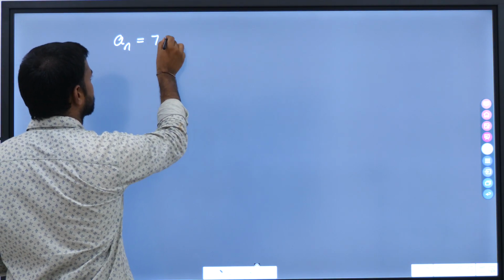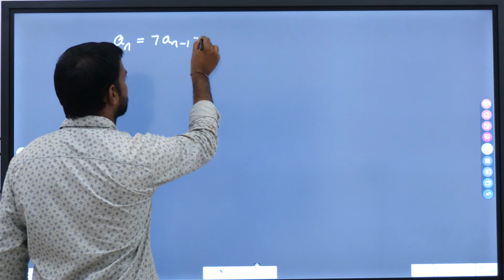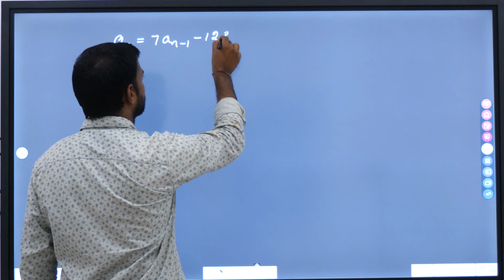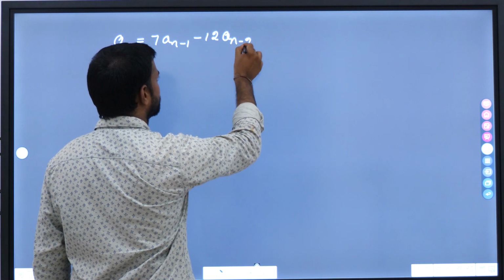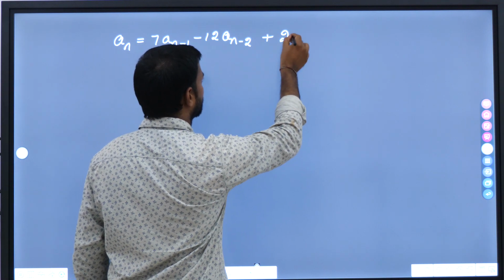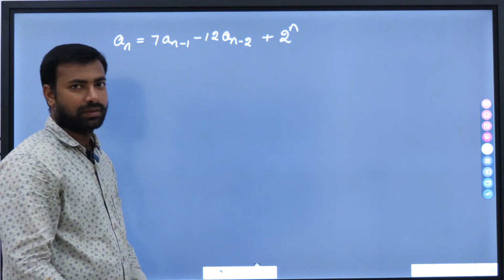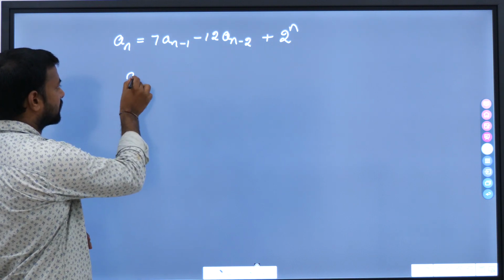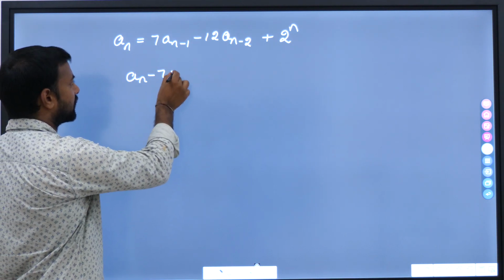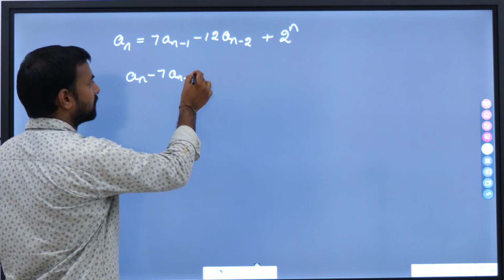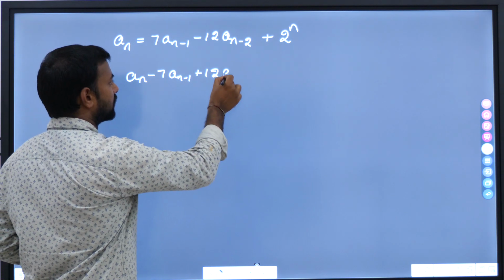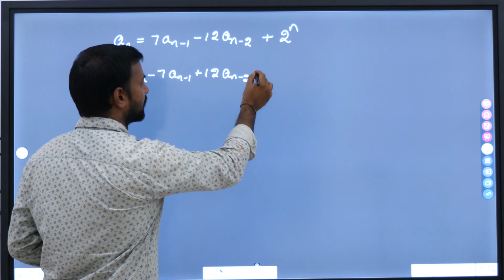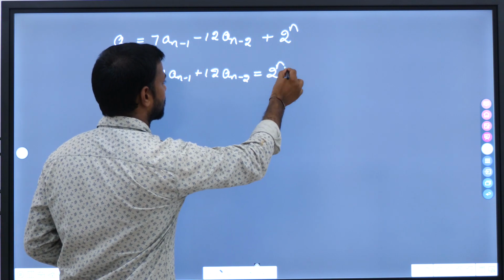a_n equal to 7 a_(n-1) minus 12 a_(n-2) plus 2 power n. Okay. So now if we rewrite this equation, a_n minus 7 a_(n-1) plus 12 a_(n-2) equal to 2 power n.